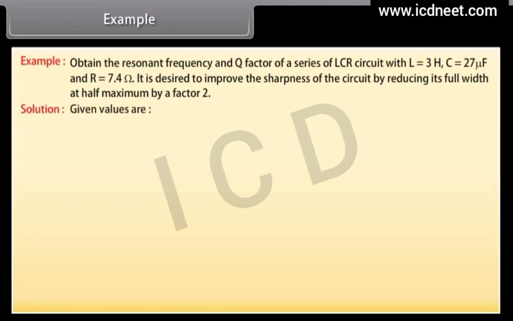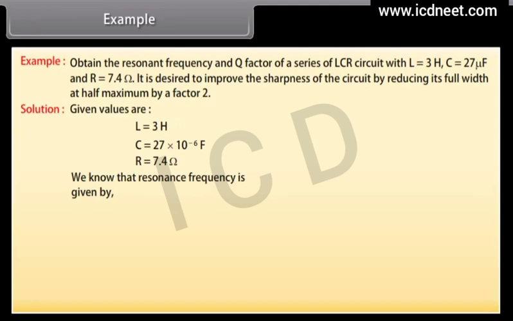Given values are L equal to 3 Henry, C equal to 27 into 10 raised to the power minus 6 farad, R equal to 7.4 ohm. We know that resonance frequency is given by 1 upon under root LC.